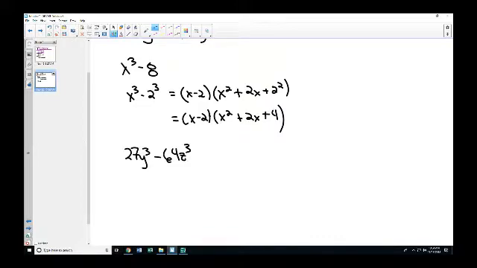What is 27 as a cube? 3, so 3y, right? And what's 64? 4. So you now have identified your cubic terms. Plug it in.